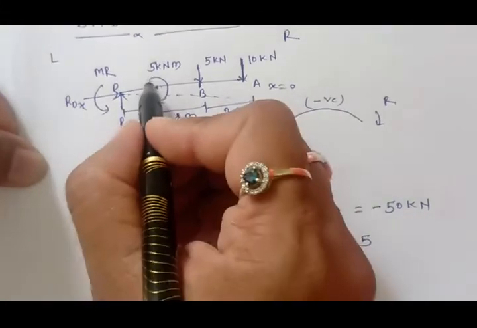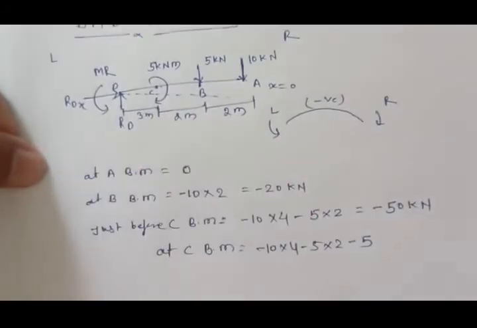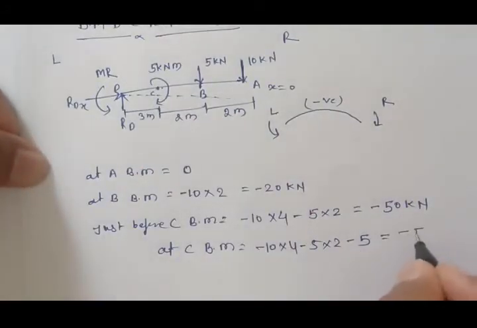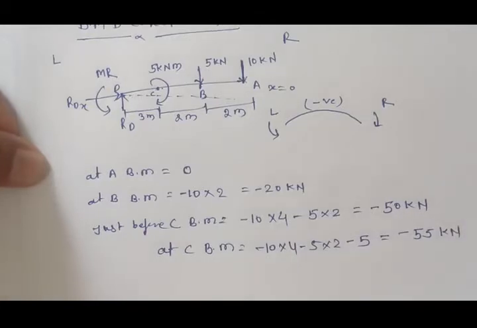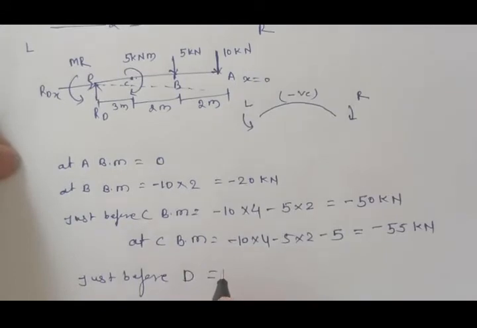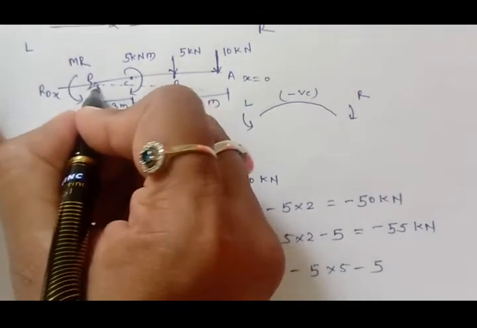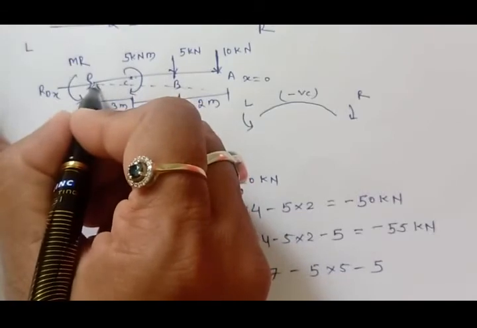This is nothing but a couple which we are taking here, that is 5 kilonewton meter, and it tries to bend this beam downward, so we take the negative sign, and this is nothing but minus 55 kilonewton meter at C. Then just before D, it is minus 10 into the total distance, 3 plus 5 plus 7, is 7 meter, minus 5 into 5 meter, then minus 5, up to just before D.